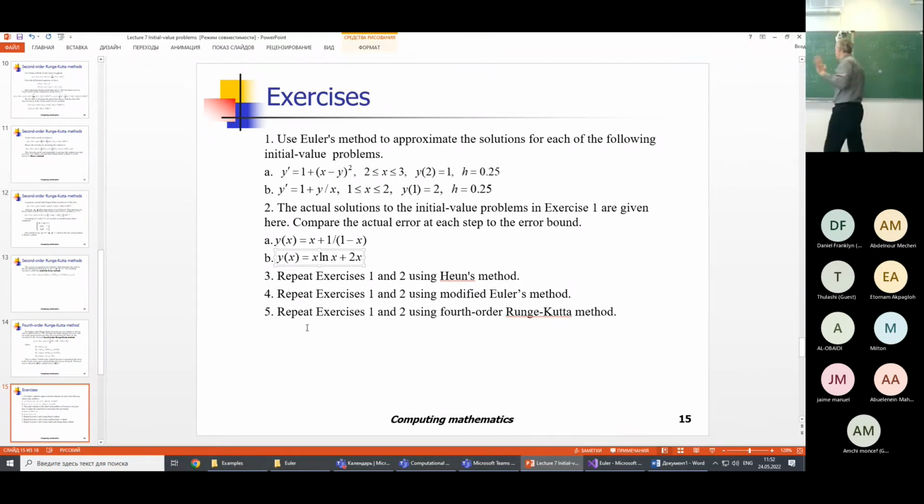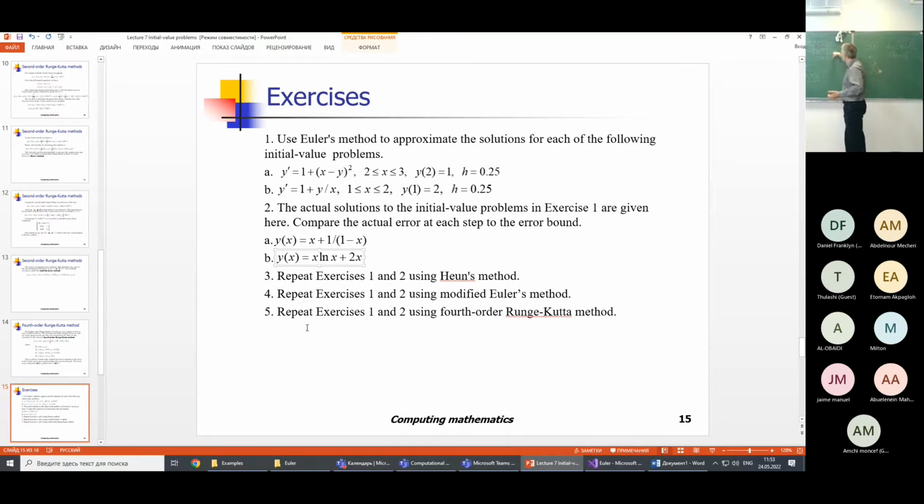Yes, maybe. I know that this value must be similar to this. These two values should be close.